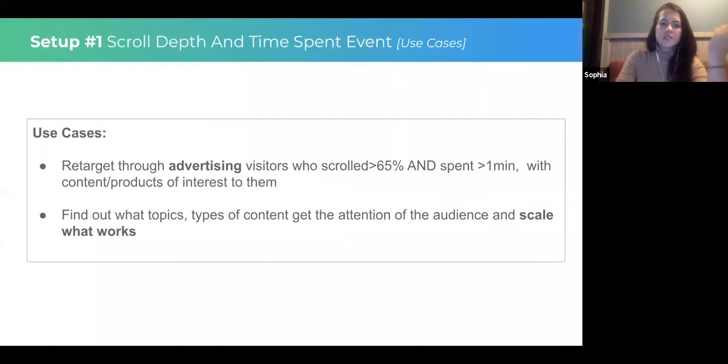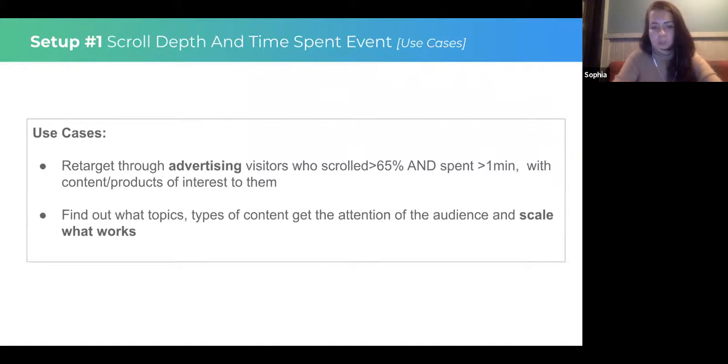A few use cases: you can retarget, because Google Analytics now knows who is scrolling more than 65% and spends more than 1 minute. You can now target only these engaged customers through advertising, and show them the exact content or products they visited before.